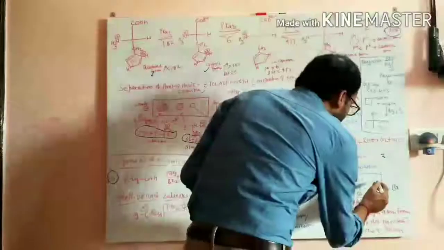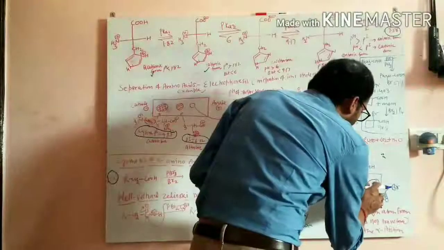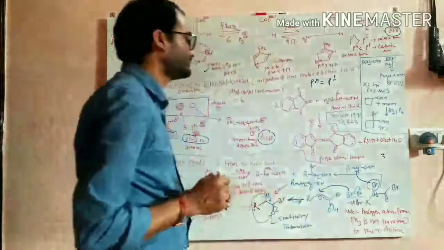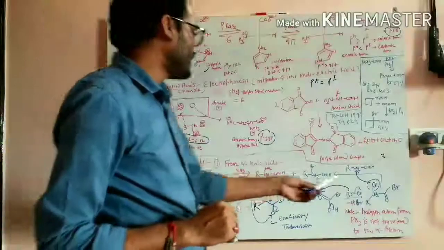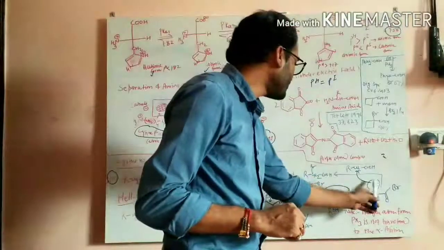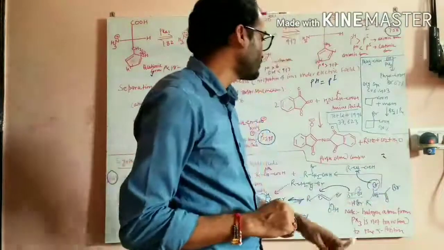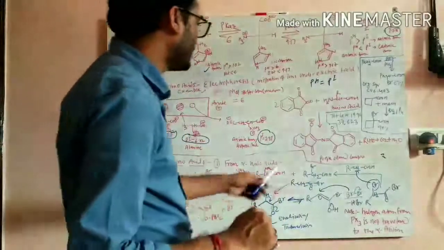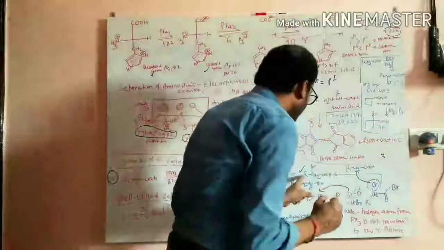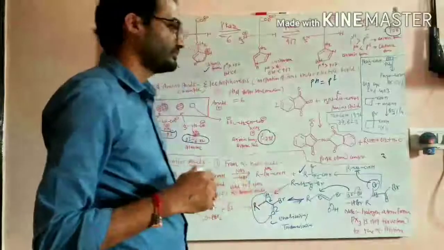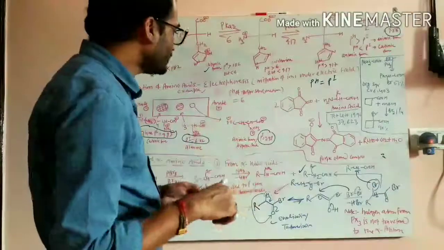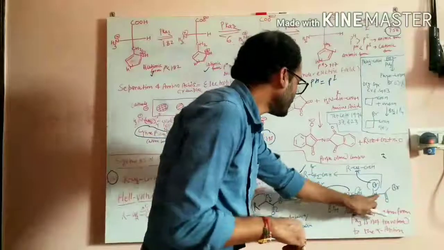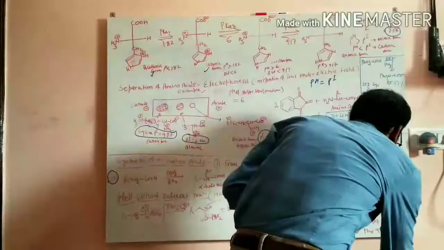Now this Br plus is transferred from this alpha bromo acid bromide to this carboxylic acid molecule, forming this alpha bromo acid or alpha halo acid. Now what will remain here? RCH2.